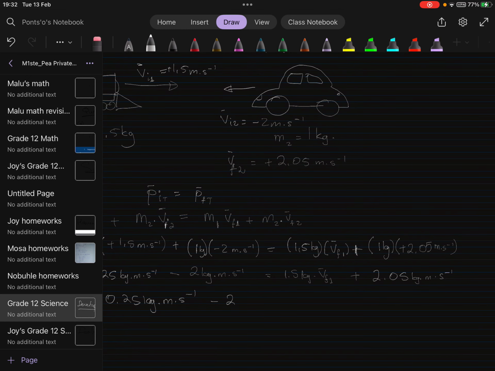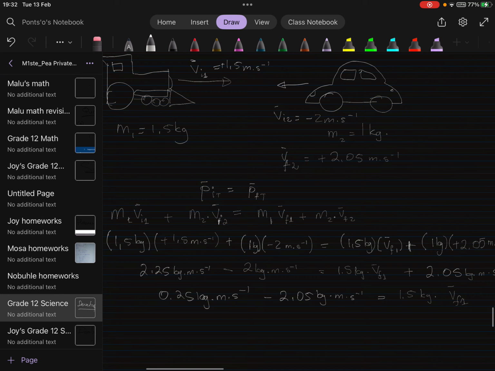And then we subtract the momentum from the right hand side using additive inverses, 2.05 kilogram meters per second, and that equals 1.5 kilograms times the final velocity of object 1.